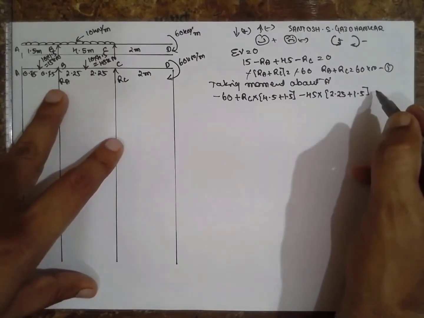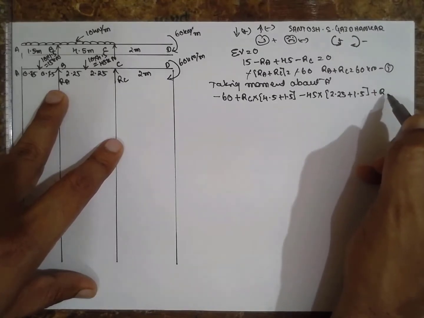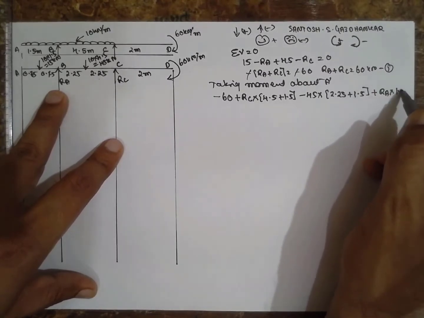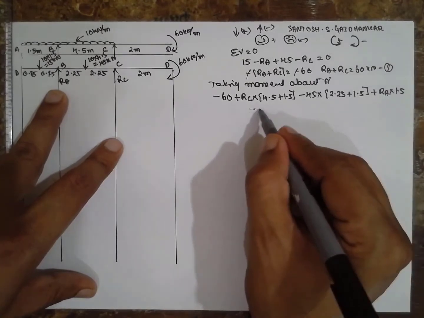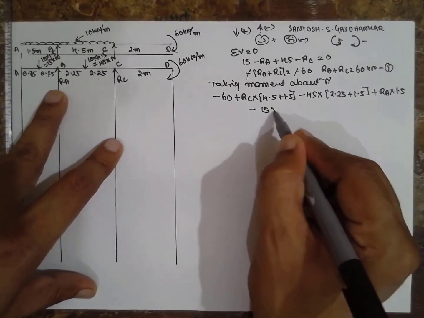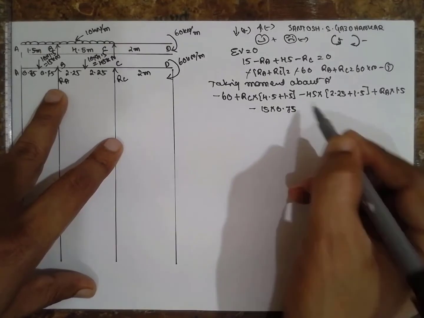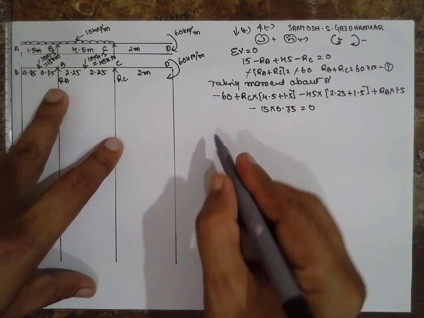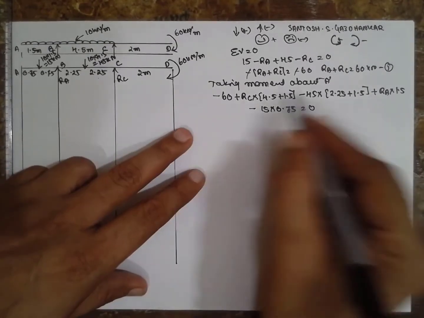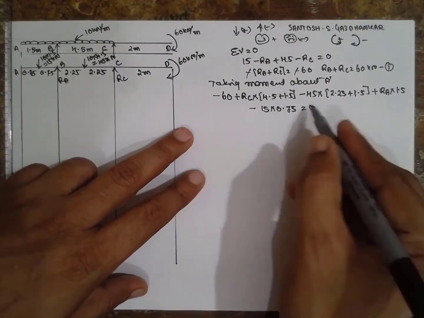Next, plus RA into 1.5 minus 15 into 0.75 is equal to 0.